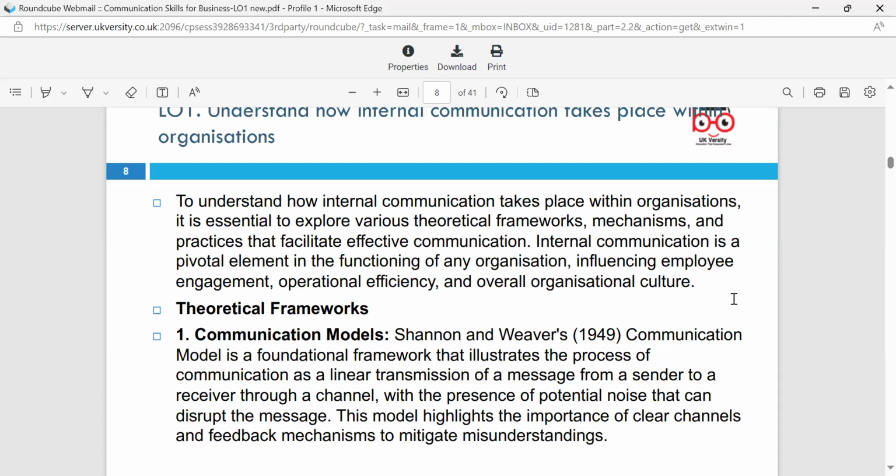The receiver translates the signal back into the message. The final element is the destination, the person the message was intended for. Sometimes it's quite hard to identify basic forms of communication, but this model is quite clear, and it identifies the channels of communication.